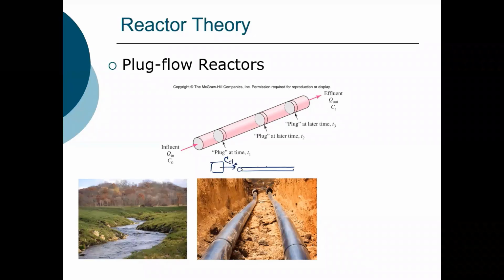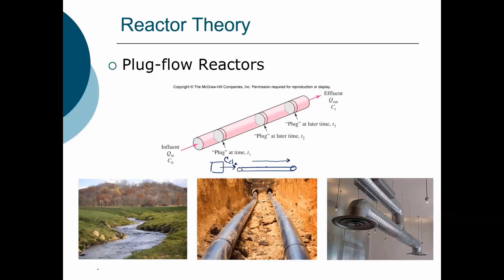We have a whole series of pipes, and we may have hundreds of miles of pipes. So we can model that concentration of chlorine as that water moves through the pipe, and we can use these same sort of plug flow reactors. If you've used, or will use, EPANET in 422, there's actually a component of EPANET that allows you to do this chlorine modeling. And it's all based on plug flow.